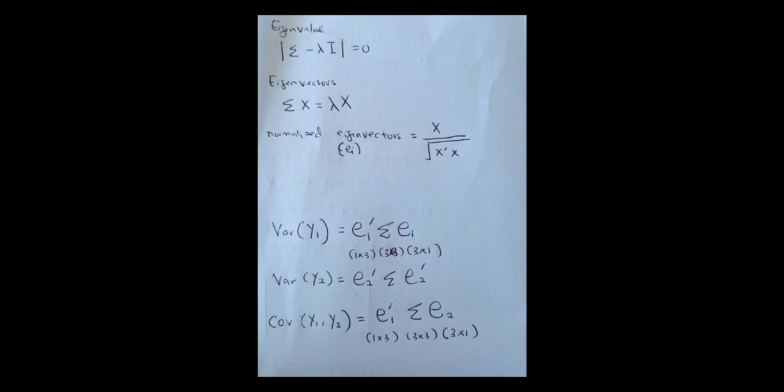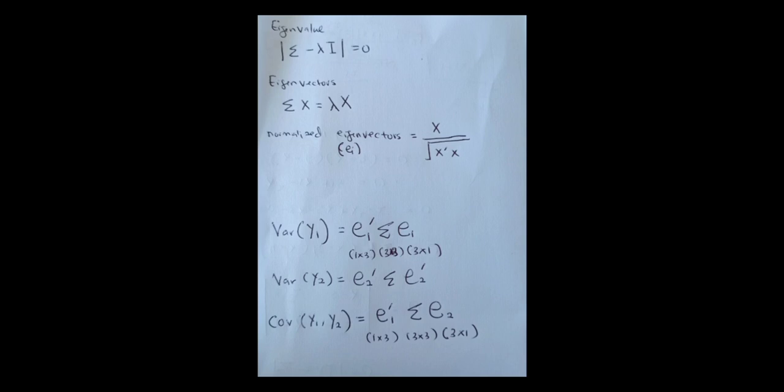Kalau you punya variable ada 3 tadi, X1, X2, X3, so eigenvalue you akan dapat 3, lambda 1, lambda 2 and lambda 3. And then for each of the eigenvalue, each of lambda tadi, you can find its pair of eigenvector. How to find that? Using this, big sigma multiply X equal to lambda multiply X. Okay, you know how to find these eigenvectors. Kalau lupa, tengok balik chapter 2.